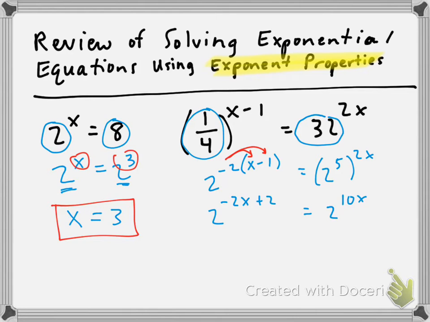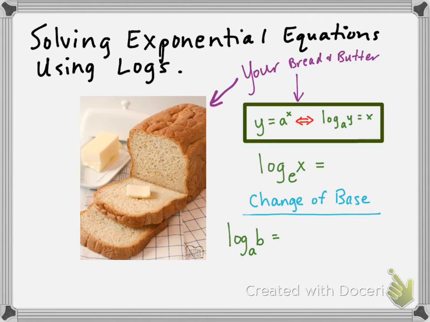And then once again, the bases are the same, so we equate the exponents. I'll just stop there, we don't need to finish that. So we have negative 2x plus 2 equals 10x, and we can solve that for x. So that's the review of the one lesson we did prior to solving exponential equations using logs.